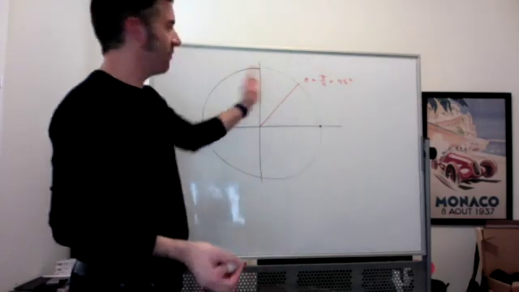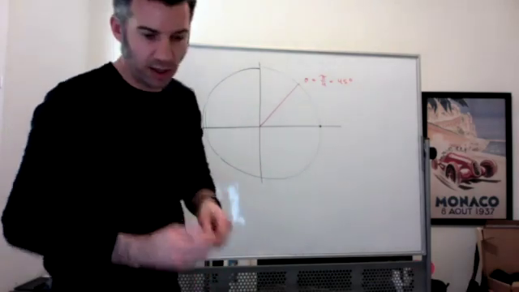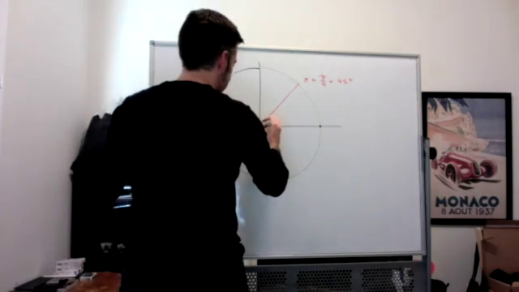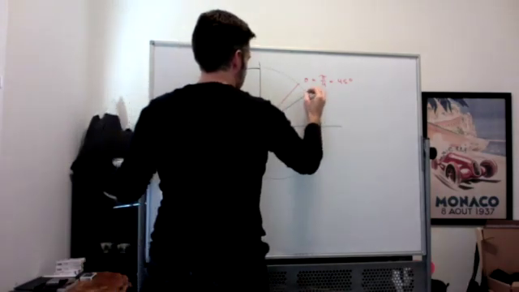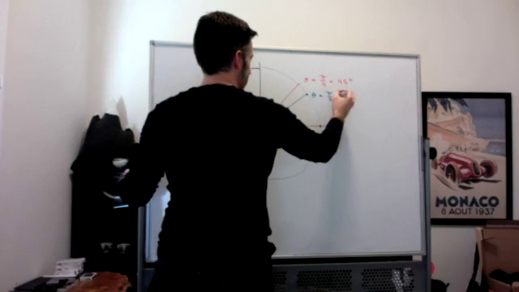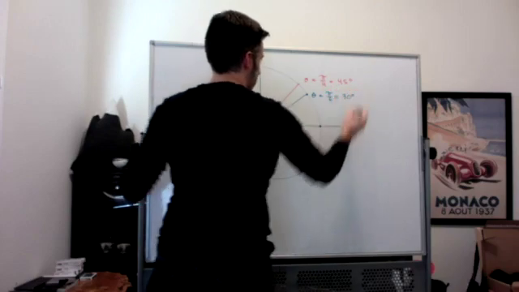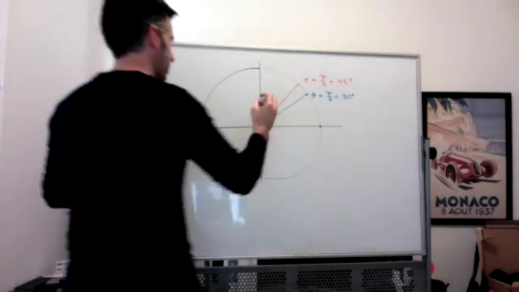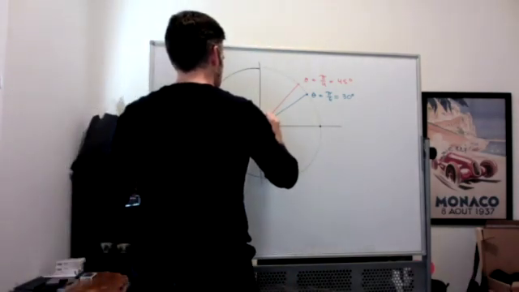Half of 90 degrees, that seems reasonable. Then in blue, we'll have a 30-degree angle, which is pi over 6 radians. And then green, we'll have the 60-degree angle, which is pi over 3 radians.